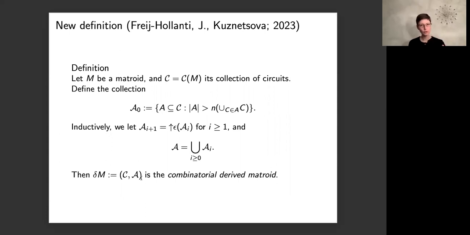Now, of course, you have to prove that this is a matroid, but the good news is that you can just check the dependence axioms, and these things are built to satisfy the dependence axioms.